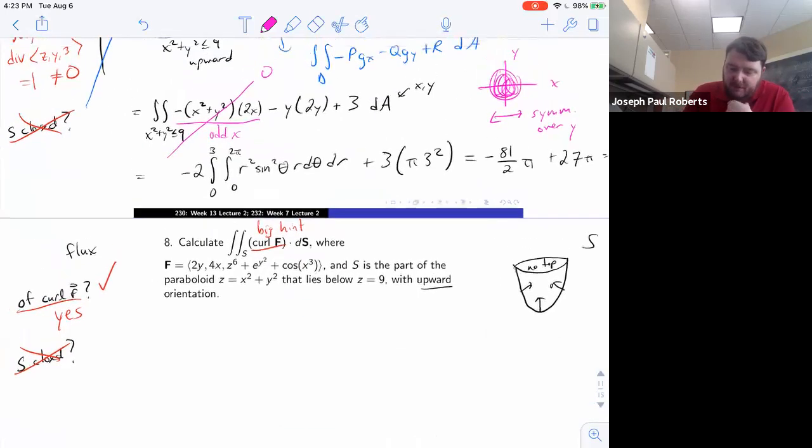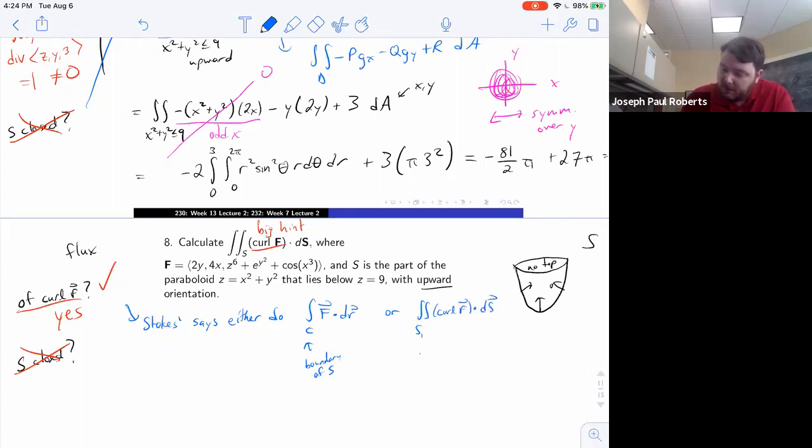If it's the flux of curl F, the strategy is Stokes says either do the work of F on the boundary curve of the surface that's given, or the flux of curl F over S1, where S1 is a simpler surface with the same boundary.